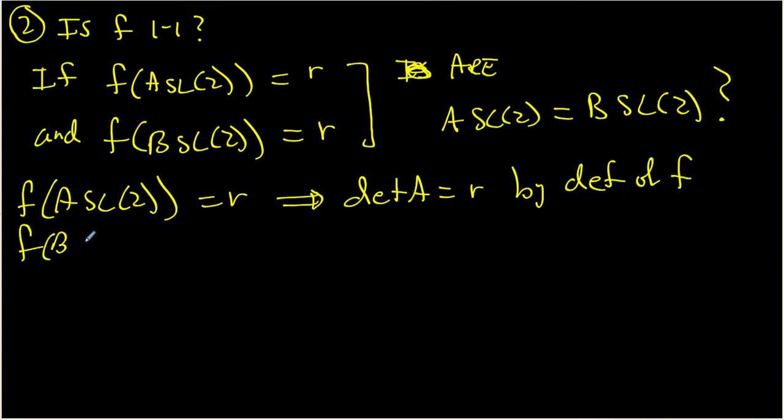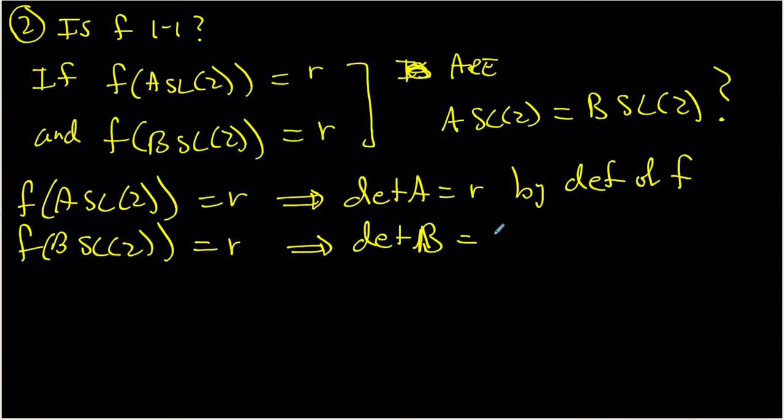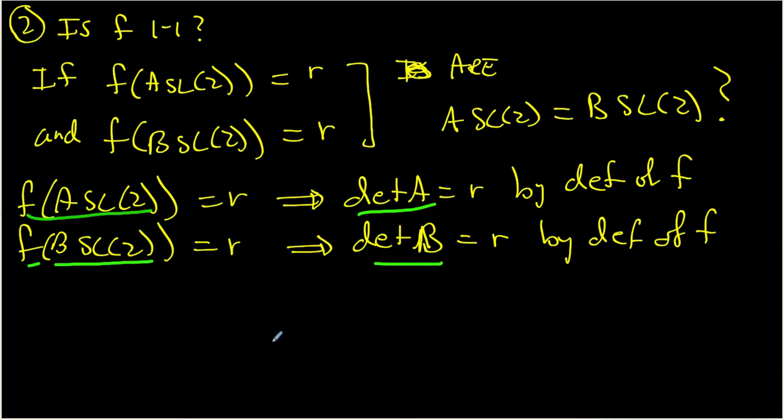And f of B times SL2 is equal to r says for sure the determinant of B is equal to r by the definition of f, because f sends a left coset to the determinant of its representative. In other words, f of A SL2 is going to be the determinant of A, and f of B times SL2 is the determinant of B. And so if we've set them both equal to r, that gives us these two equations.